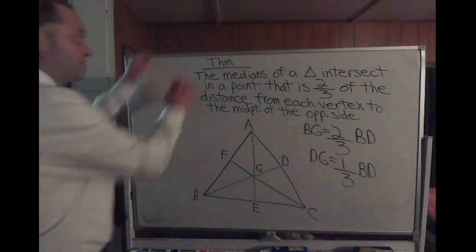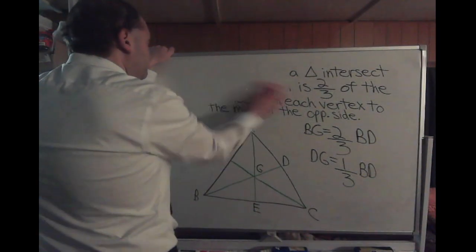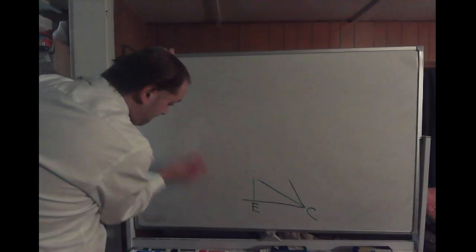Now we're going to do some exercises to put this into practice. There will be several exercises of this, even a little bit of algebra. Okay, so let's see here. Let me draw what they have.